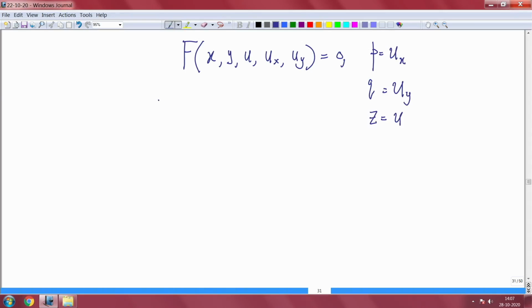So in algebraic form you can write this equation as f(x, y, z, p, q) equal to 0. The geometry is harder, that is the first thing.